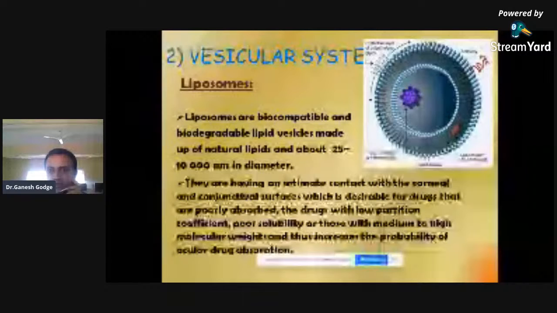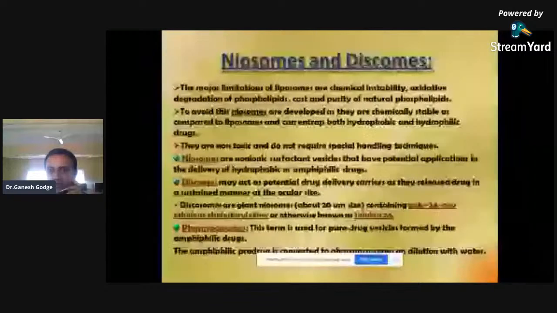To avoid this, niosomes were developed, because liposomes have chemical instability. We have developed niosomes, which are another improved version of vesicular drug delivery system. Liposomes, niosomes, discosomes are all part of vesicular drug delivery systems, improved versions of vesicular drug delivery system.